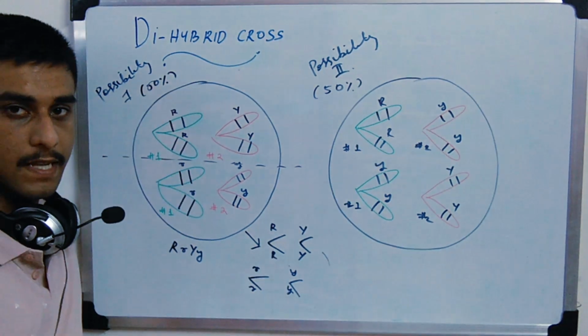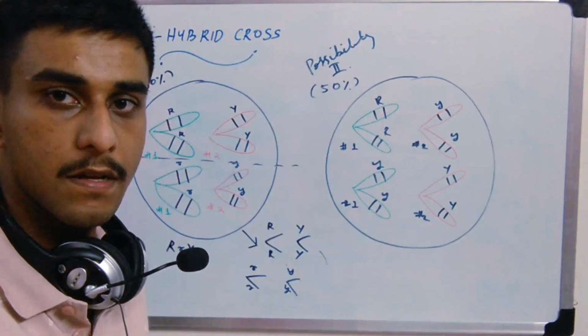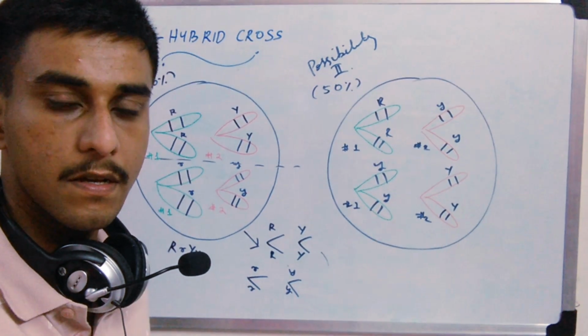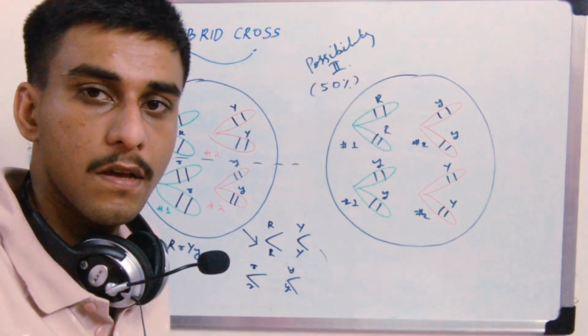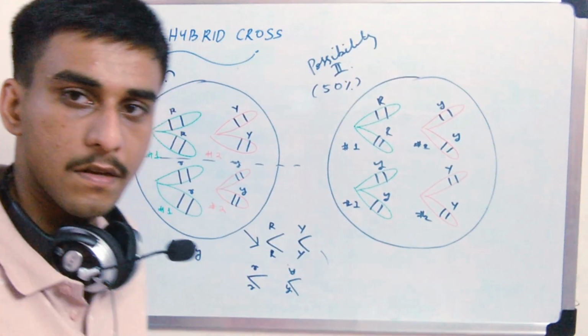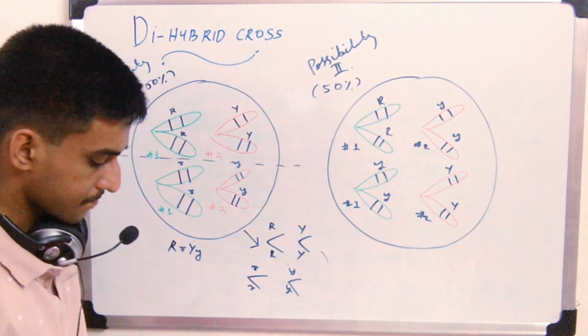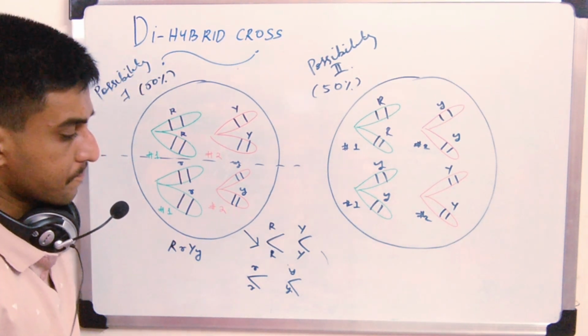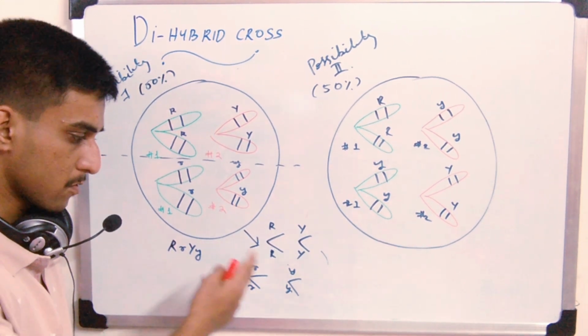So chromosomal segregation can occur. So this is the result of meiosis 1.